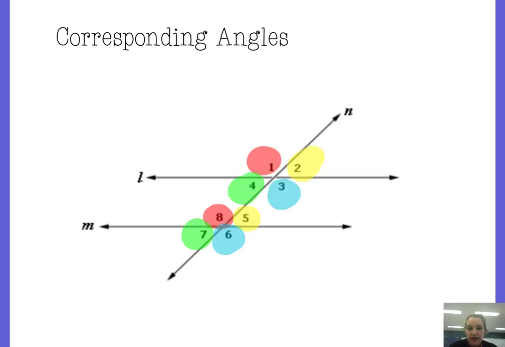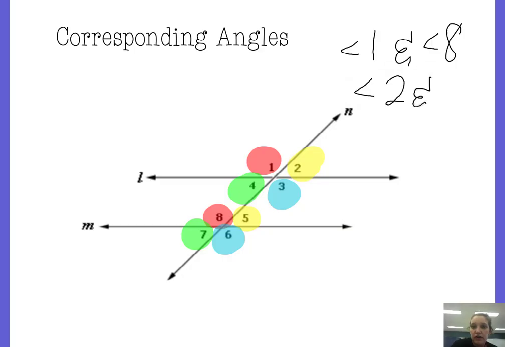So the angles that are in the same spot, top left, top right, bottom left, bottom right, those are called corresponding angles. So 1 and 8 are corresponding, 2 and 5 are corresponding, 4 and 7 are corresponding, and 3 and 6 are corresponding.